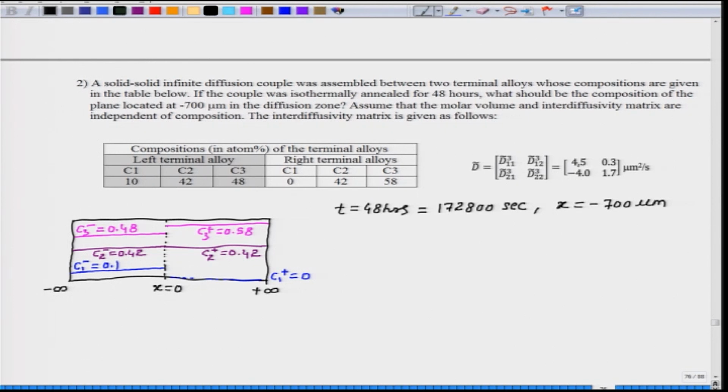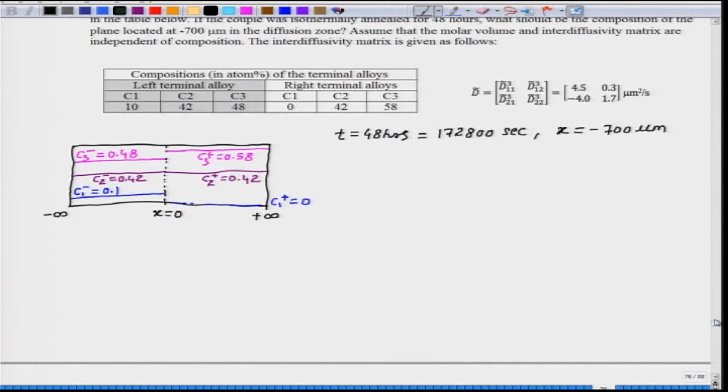D11 tilde 3 is 4.5 micron square per second, D12 tilde 3 is 0.3 micron square per second, D21 tilde 3 is minus 4 micron square per second, and D22 tilde 3 is 1.7 micron square per second. Now, we can use the multi-component diffusion solution in order to obtain the concentrations at the given x and t.